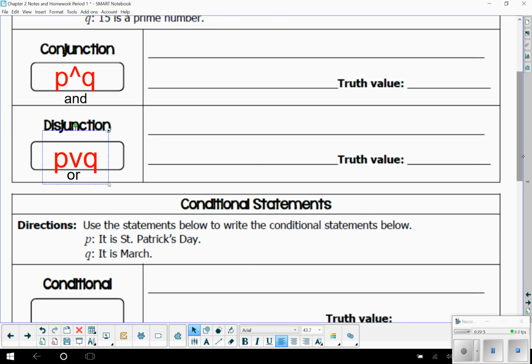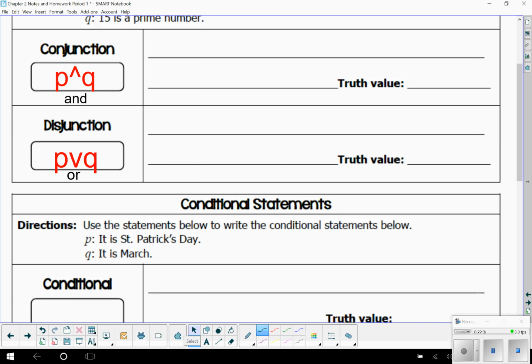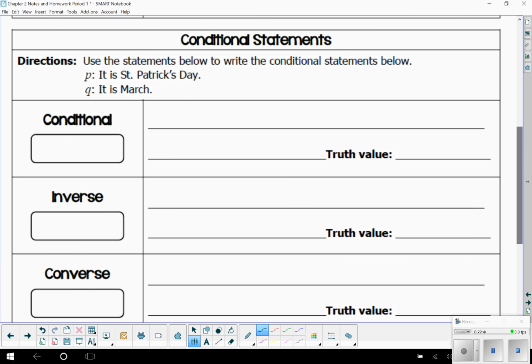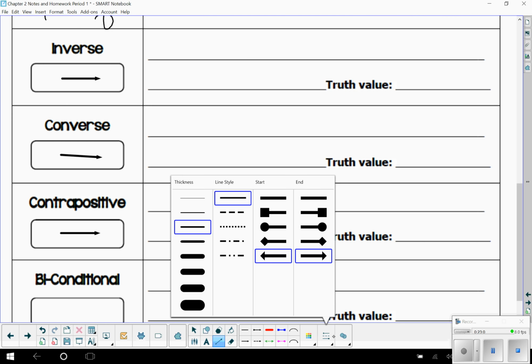Let's go down. Your conditional is going to be your P to Q. I need arrows all the way down, and I need one for both.